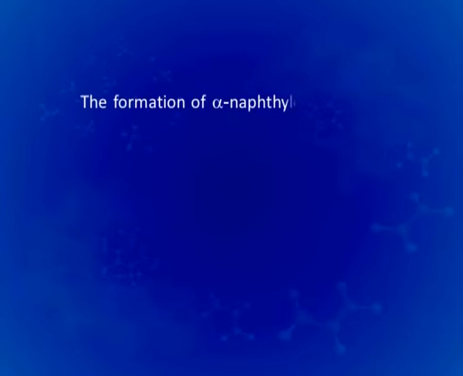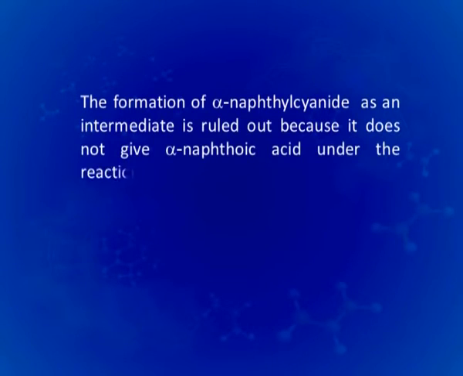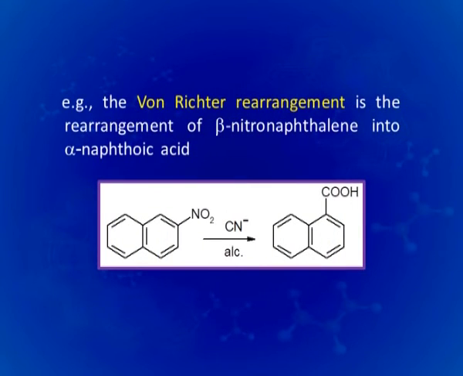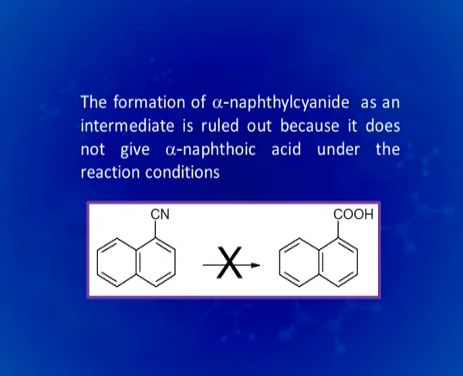The formation of alpha naphthyl cyanide as an intermediate is ruled out because it does not give alpha naphthoic acid under the reaction conditions which are slated for this particular reaction. So, this is an example which shows that in fact the cyano intermediate is not formed and it undergoes von Richter rearrangement by some other mechanism.